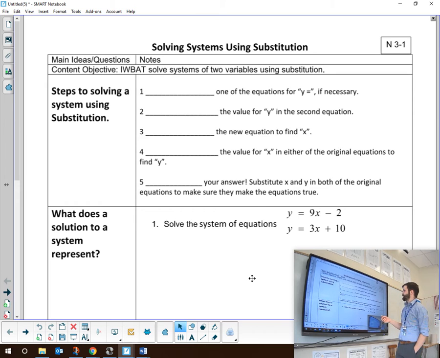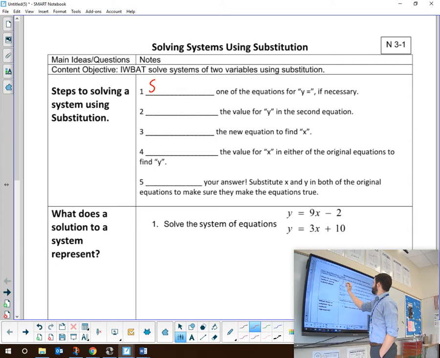So our first step is we are going to solve one of my equations for y equals. We could also use x equals. Doesn't really matter, but we need to isolate one of my variables.